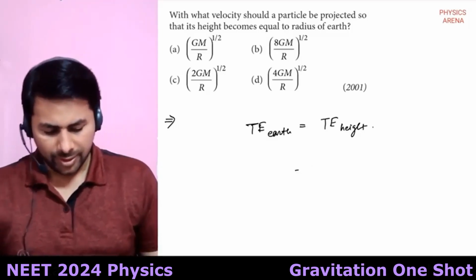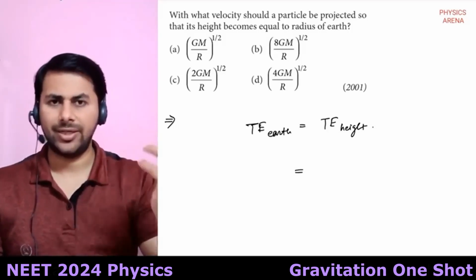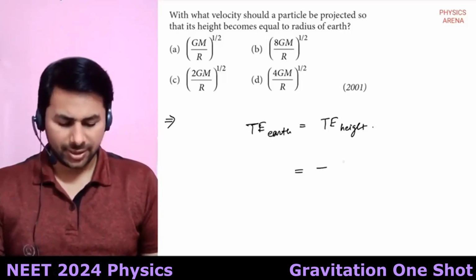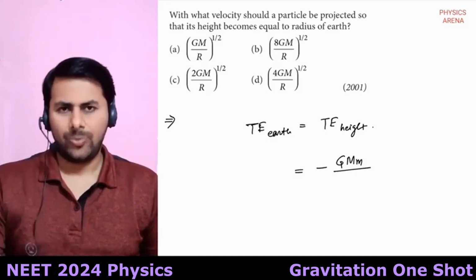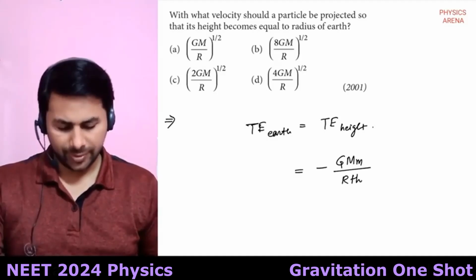Total energy at that height, whatever is the height. Okay. So, at that height, it reaches maximum height, means kinetic energy becomes zero. Total energy is just potential energy, and that is minus GMm upon R plus h, right?